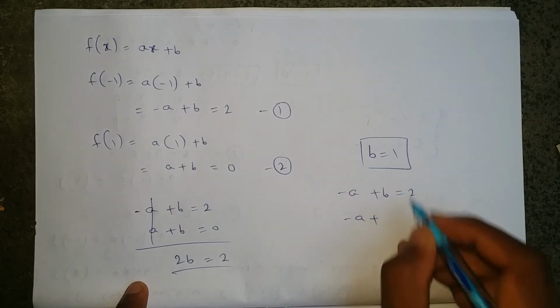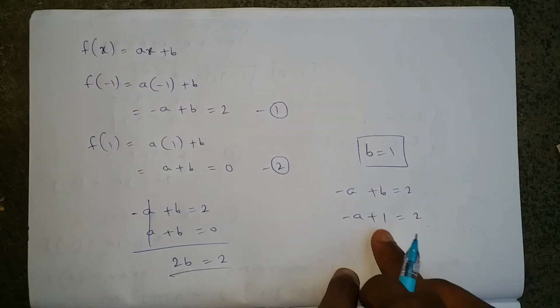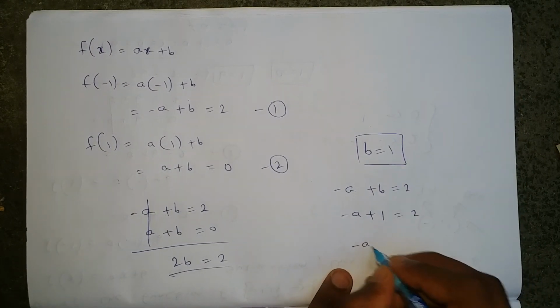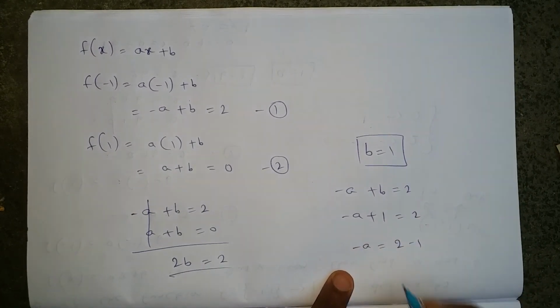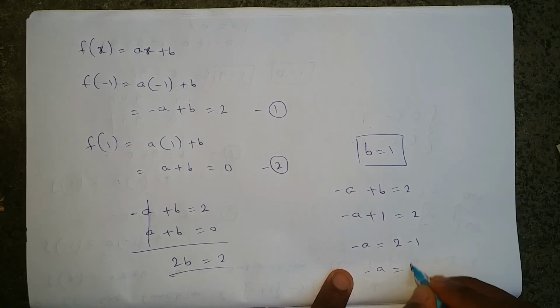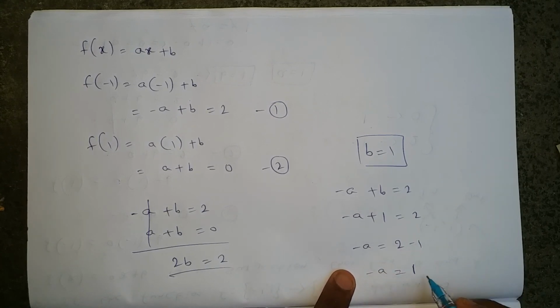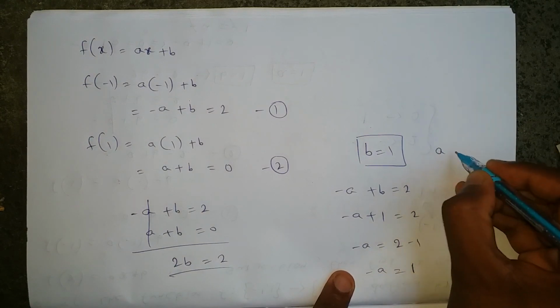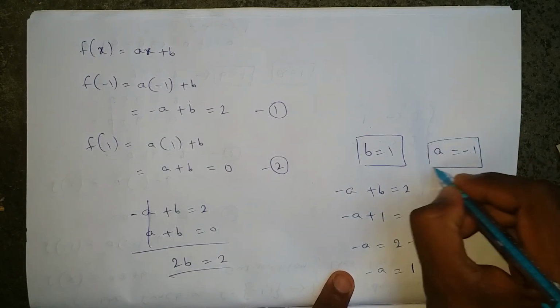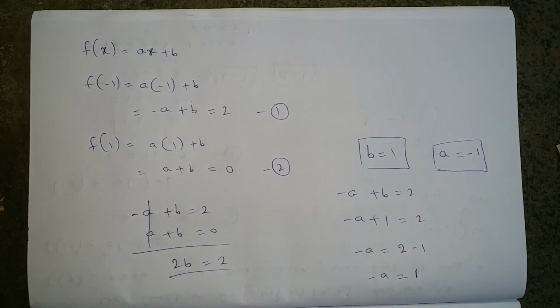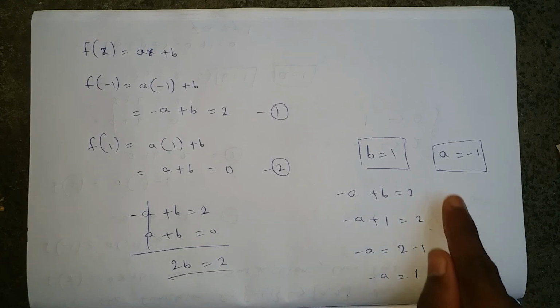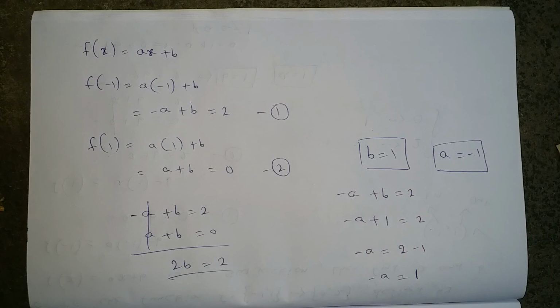Minus a plus, in the place of b, 1, which is equal to 2. Plus 1 I will take to the right side. It will become minus 1, so minus a is equal to 2 minus 1, which is 1. Minus a is equal to 1. Then a value is minus 1. When we took the first case, a value is 1, b value is 1. Whereas in this case, a value is minus 1, b value is plus 1.